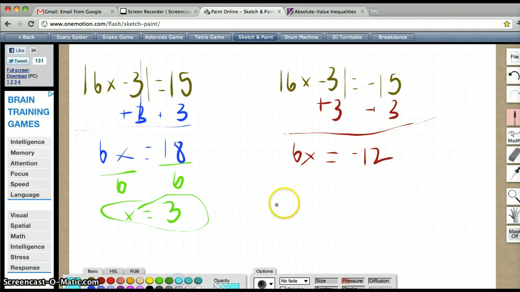So we're going to solve for x. So divide by 6. Divide by 6. Oops, that should be more of a divide. Sorry about that. And we've got x is equal to a negative 2.